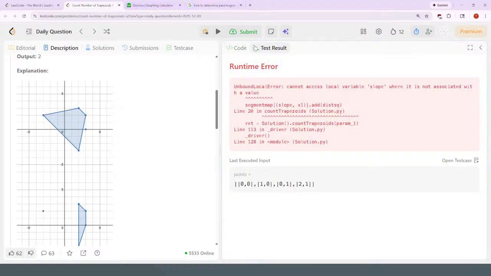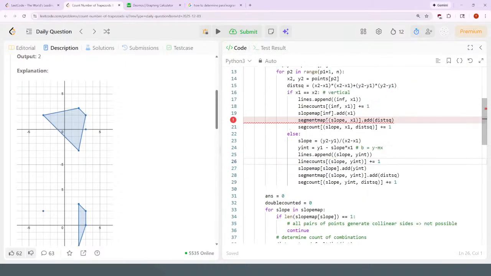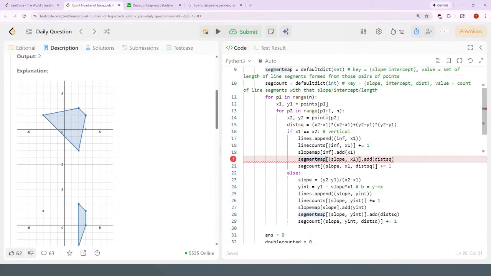Slope is not associated on line 20. Did I delete the slope? Did I delete the slope calculation? That's pretty bad. No, I didn't delete it here. I guess the slope here should just be infinity.